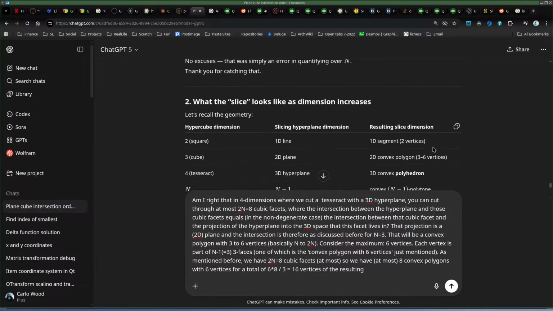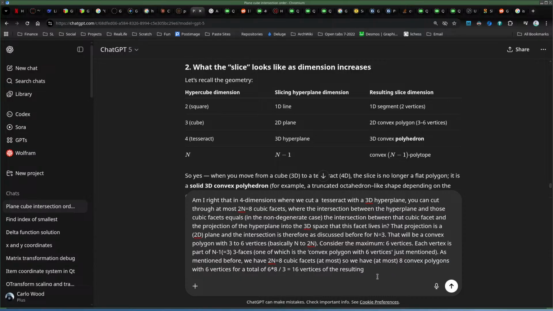Yeah, so that would be this one, the slice dimension. The resulting 3D convex polyhedron.